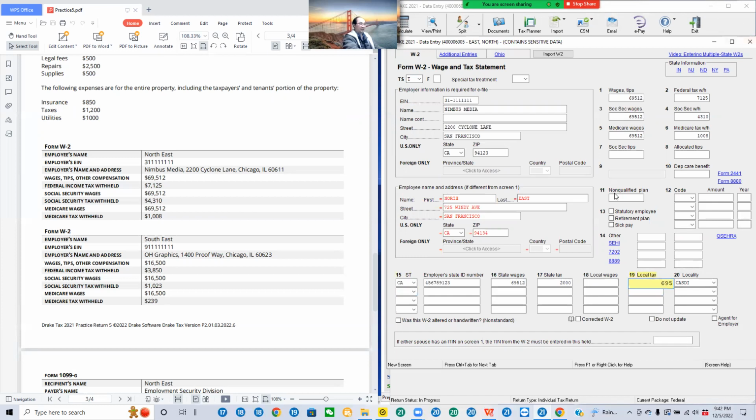So now the second, you go to the spouse, S, stand for spouse. EIN 9. The name of the company, 1400. I also make it as address.